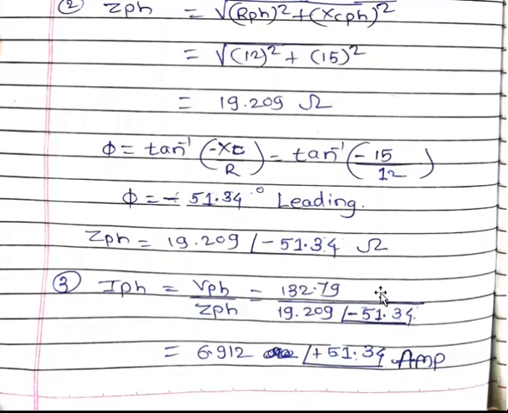Here the phase angle of voltage is not given, or it is 0. Because of 0 angle, the answer of the phase angle is plus 51.34 degree when we transfer to the numerator. Now the answer of phase current is equal to 6.912 at an angle 51.34 degree.